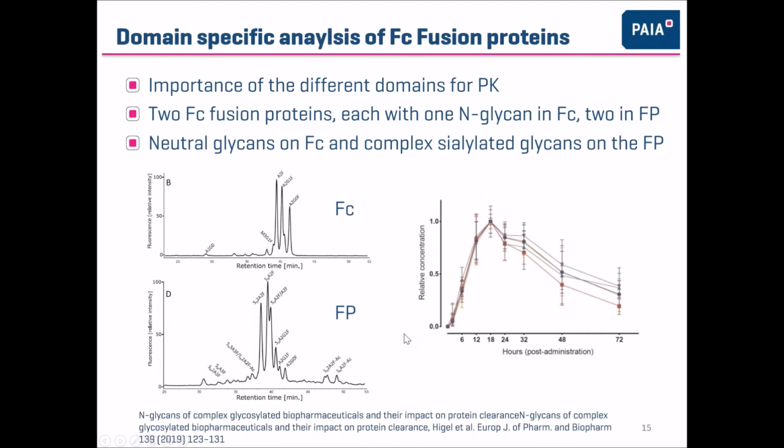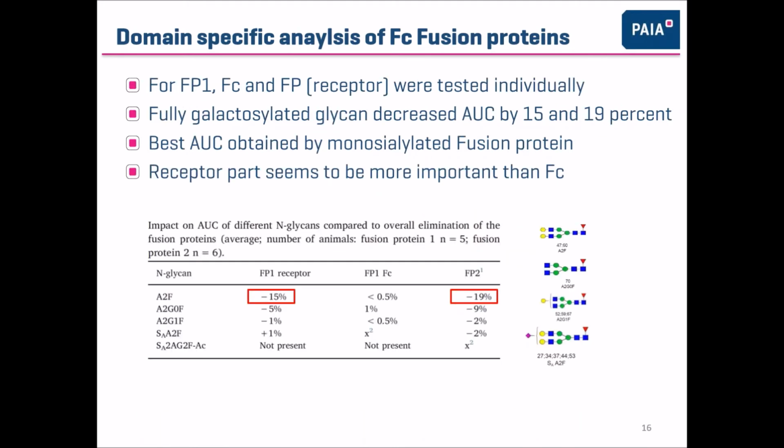time. So what they did in detail is they were looking for the fusion protein number 1. They tested the Fc part and the fusion part, which they call the receptor part, individually. And for the fusion protein 2, they looked at the whole molecule.